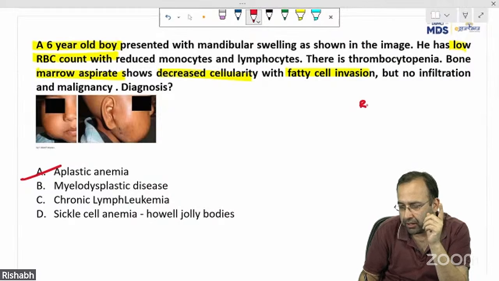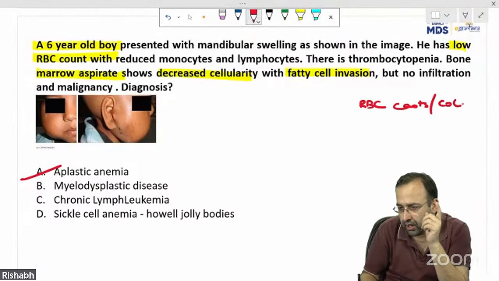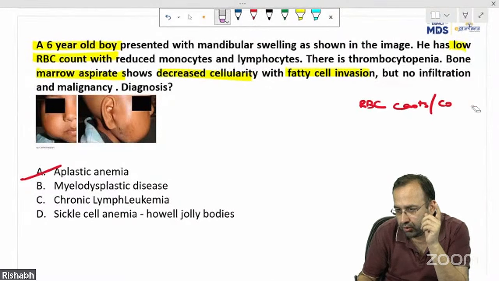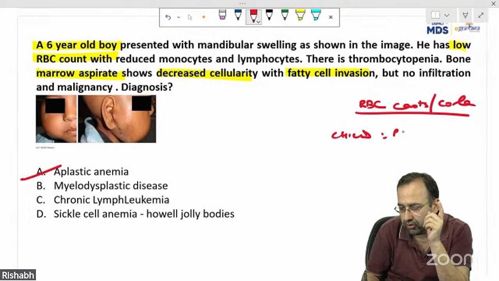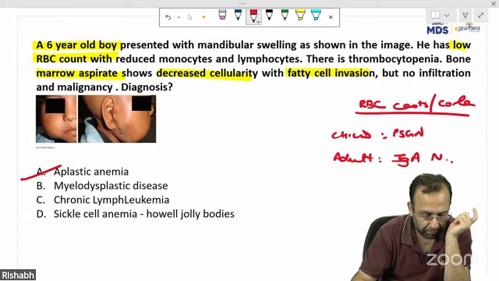In that hematuria question, RBC casts और cola colored urine. Cola colored urine वाले question में child was given. Child is PSGN. अगर adult होता, then it would have been IgA nephropathy.